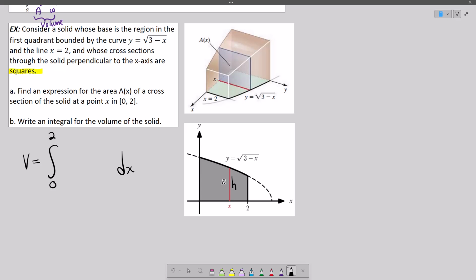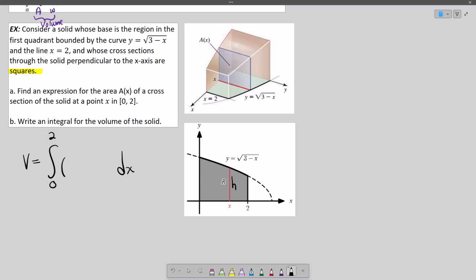So what would be the area of the square that has this as one of its dimensions? The height squared. The height's given by the function. Right? This function right here is measuring that height. And so if we say the base of the square is root 3 minus x, then this dimension has to also be root 3 minus x. So the area is going to be the product of those two, which is just the square of that.